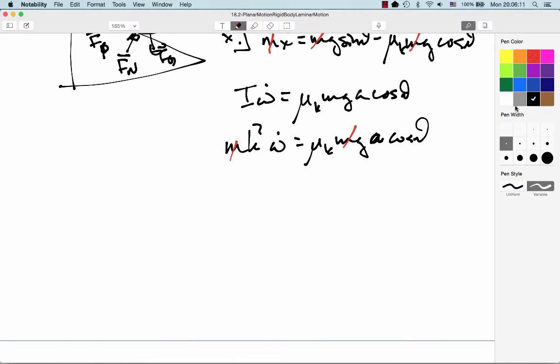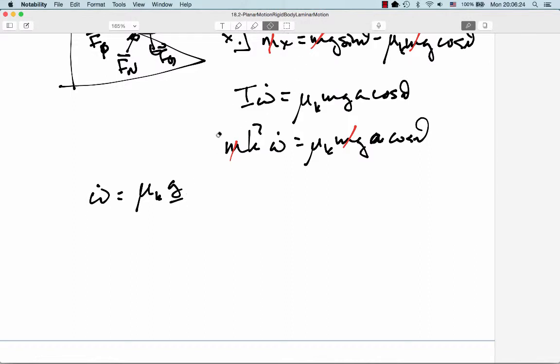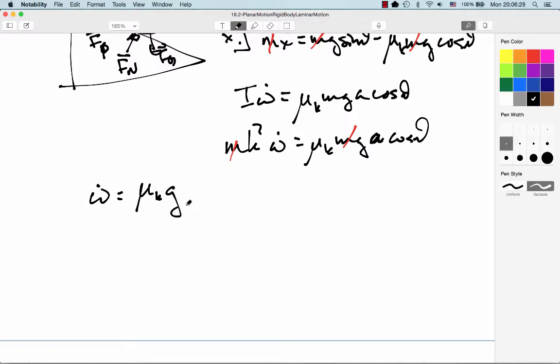So we are left with omega dot equaling mu k g a cosine theta. Normally I would divide the whole thing by k squared, but I'm just going to divide the a by k squared.